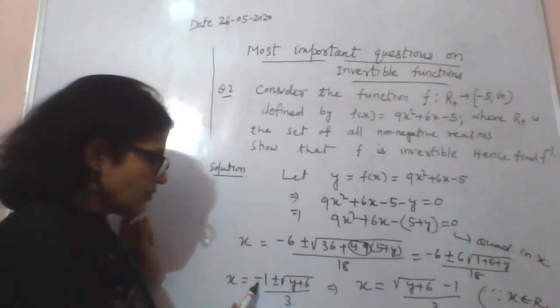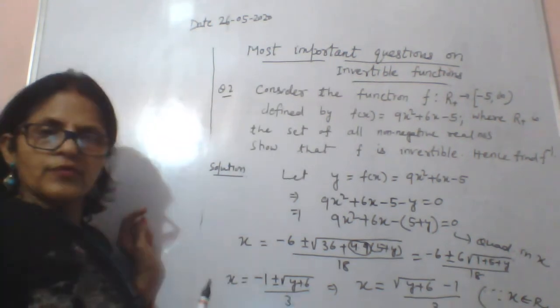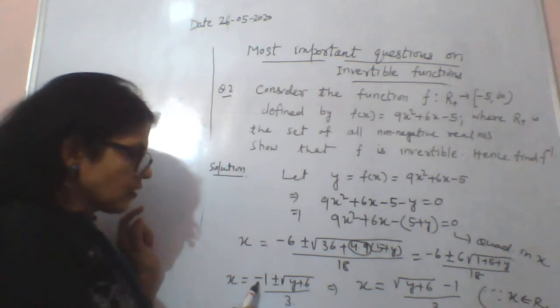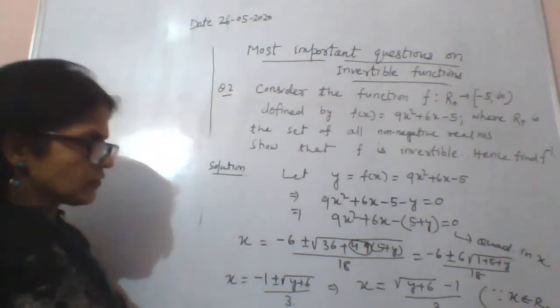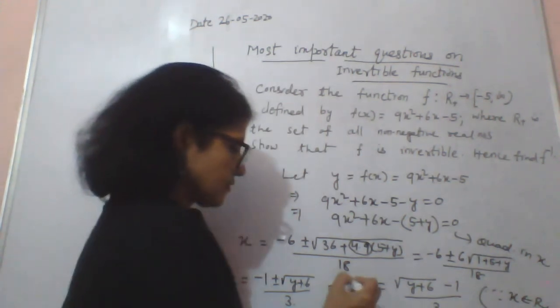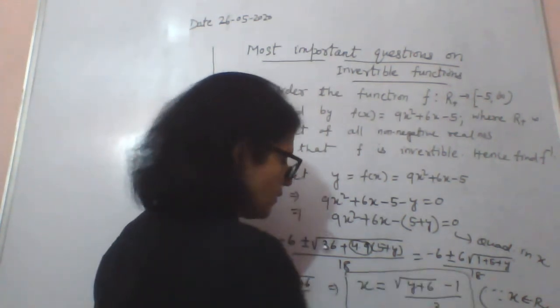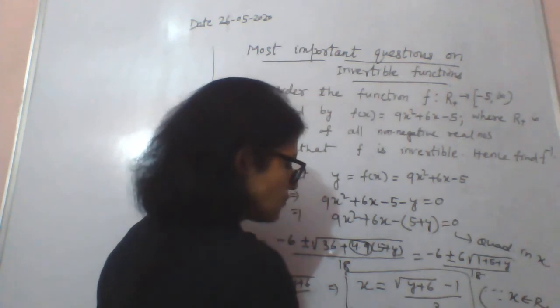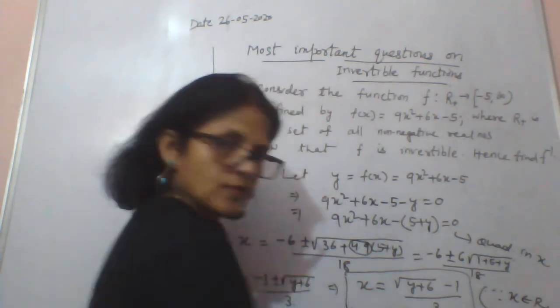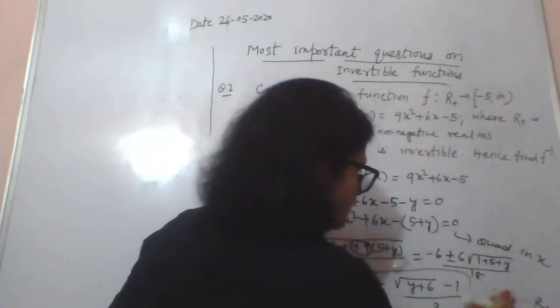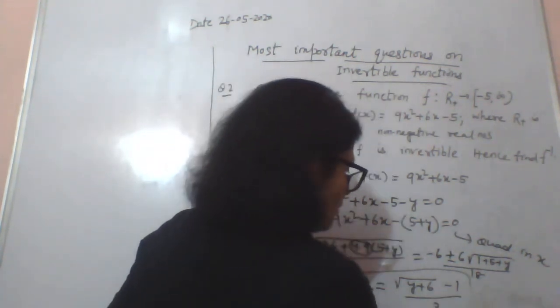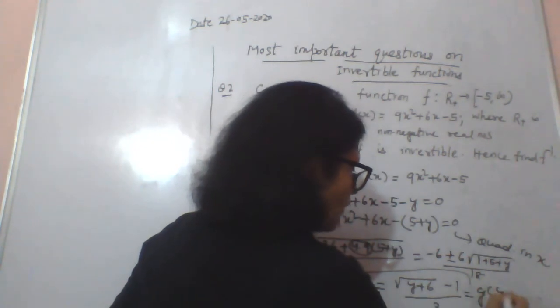So this minus 1 minus of this we are neglecting. We are considering (−1 + under root (y + 6)) by 3. So this is x and this can be taken as g(y). Let me write it here. Okay, so this is your g(y).